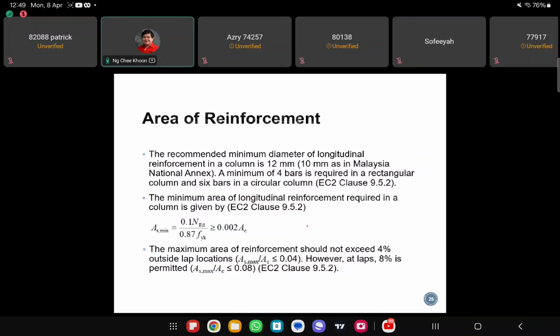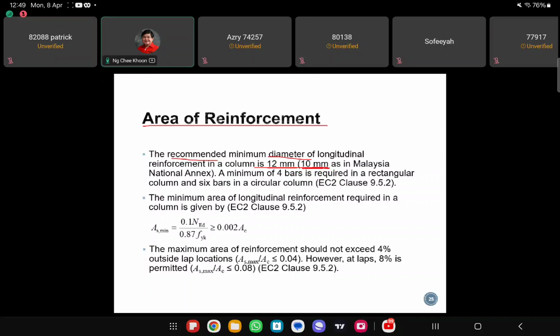Okay, so let's look at the area of reinforcement. The recommended minimum diameter of longitudinal reinforcement in the column is 12 mm. But in Malaysia we allow the use of 10 mm. But it's not very advisable to use 10 mm bars, because 10 mm bars are very difficult to get very straight.